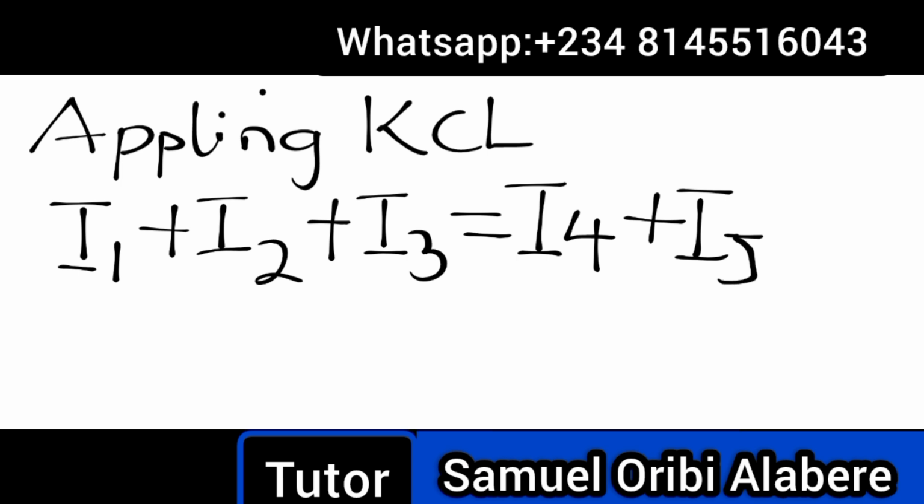The reason of the formula being like this is that I1 to I3 are entering into the circuit, while I4 to I5 are going out of the circuit.